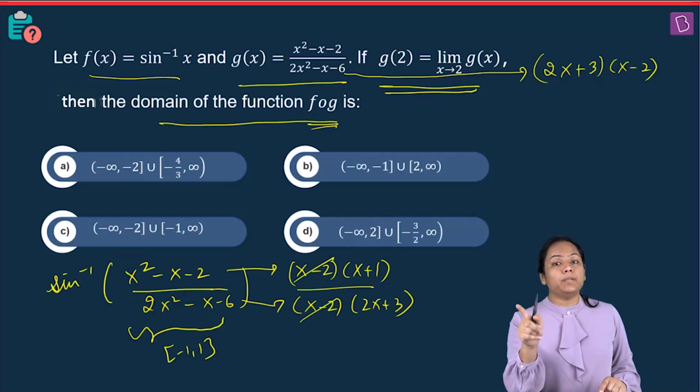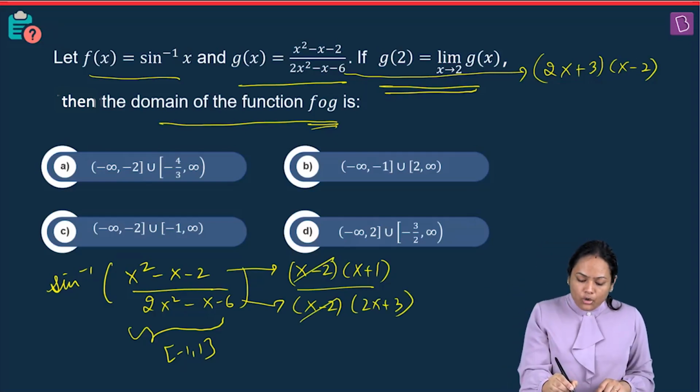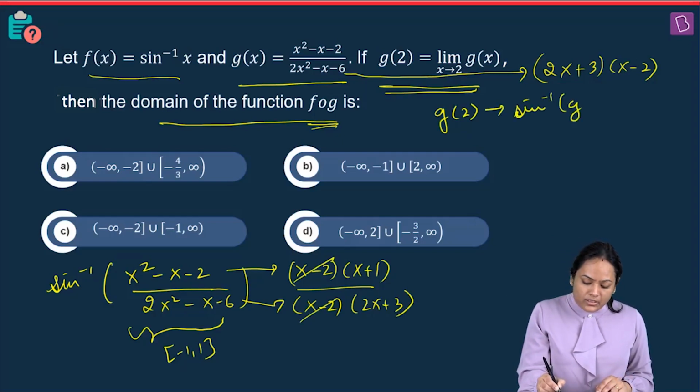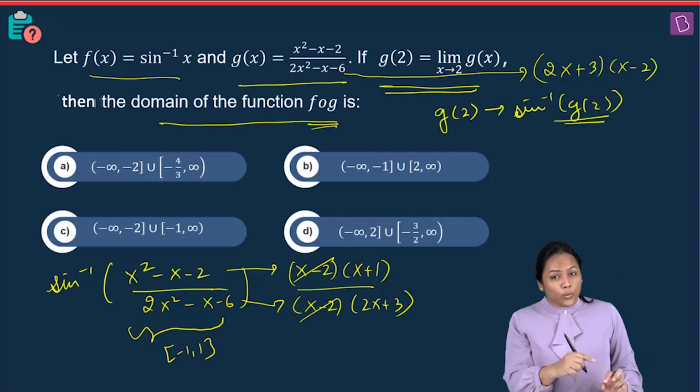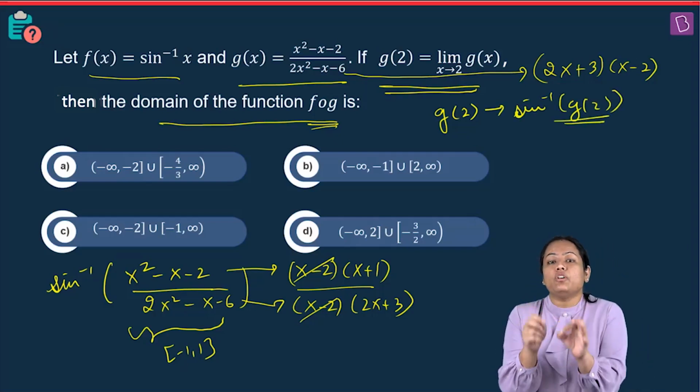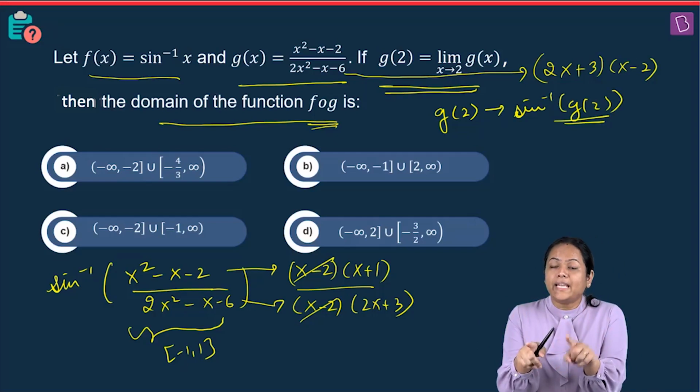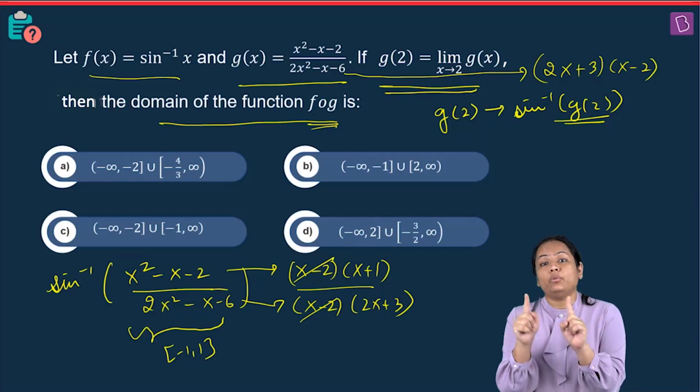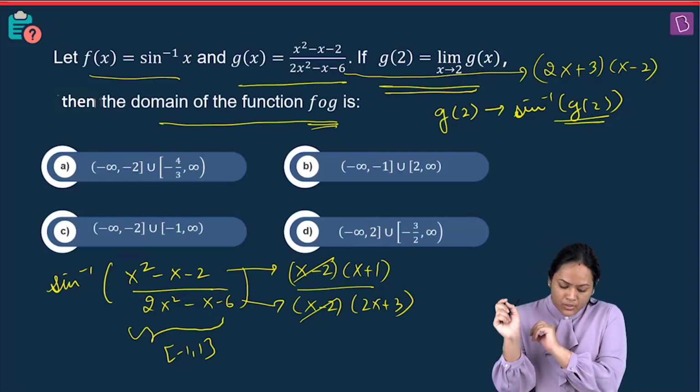But I have to keep in mind whether g(2) is actually defined, or is satisfied by the domain of sine inverse. That means I have to check whether sine inverse of g(2) is defined. If it is defined, then 2 might be included in the domain. If it is not, you have to exclude it. Clear? Okay.